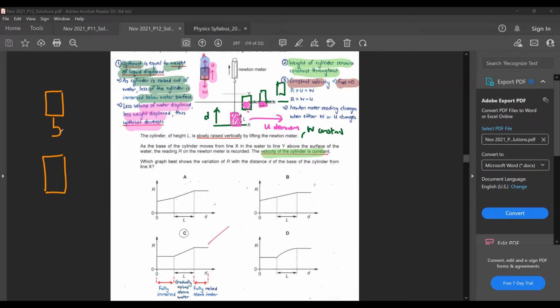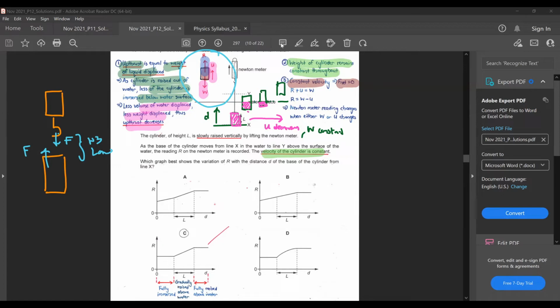But according to Newton's third law, the Newton meter will also exert an equal and opposite force back on the cylinder. If I'm talking about the cylinder itself, the force from the Newton meter is upwards, because the cylinder pulls down on the Newton meter, which in turn pulls back up on the cylinder.